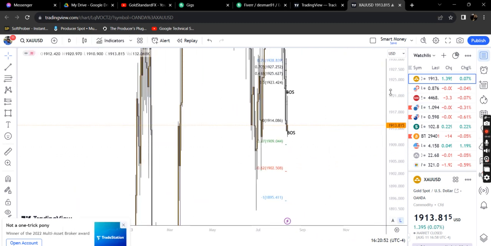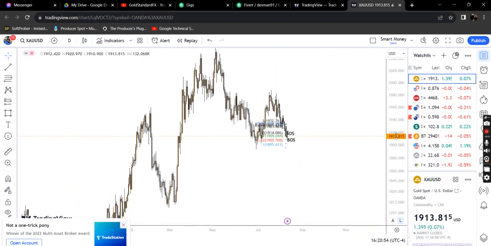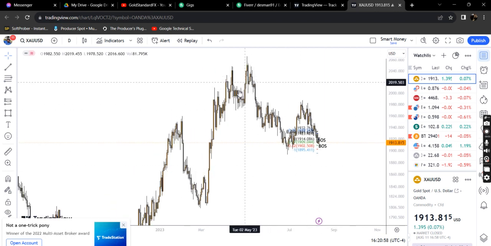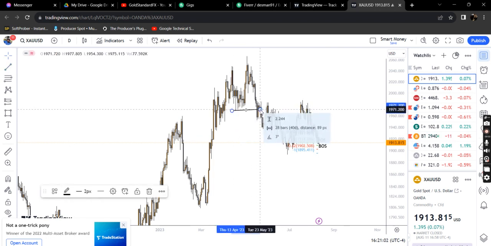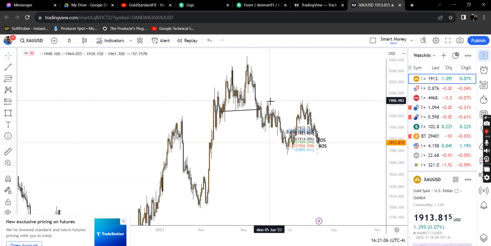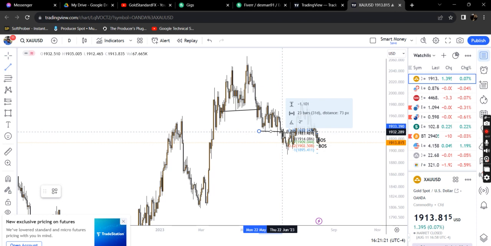Let's look at the higher time frame so we can get the gist of what's going on. We got a nice breaker structure right around this area, 1971. Then as you can see, price kept distributing down. Something of a break around here.